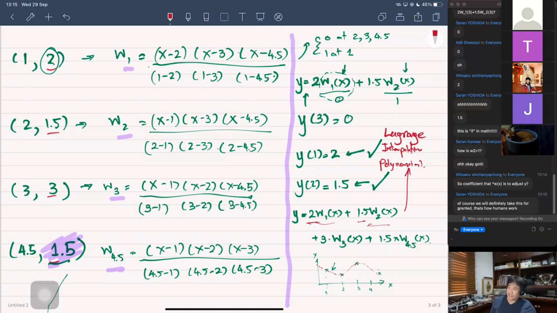Okay, any questions so far? We're going to teach the computer how to do this, because if you have 100 points, you're not going to do it by hand. So the goal here is that we are going to programmatically construct these W functions. It may have one of the worst big O ever. I don't care.